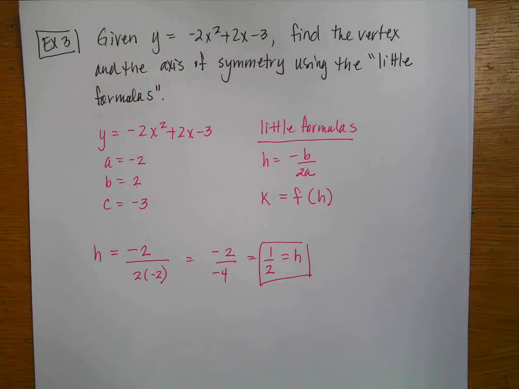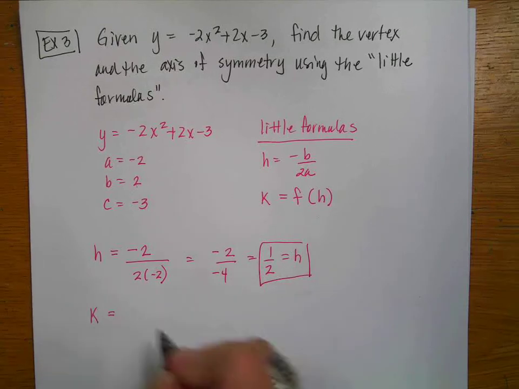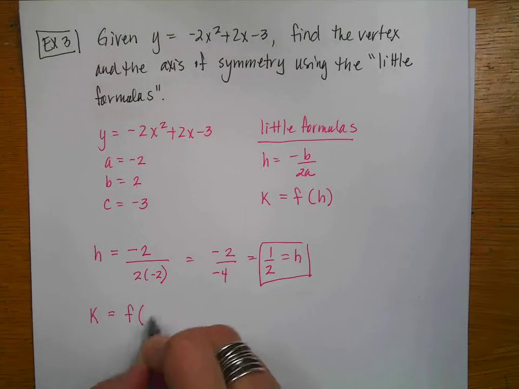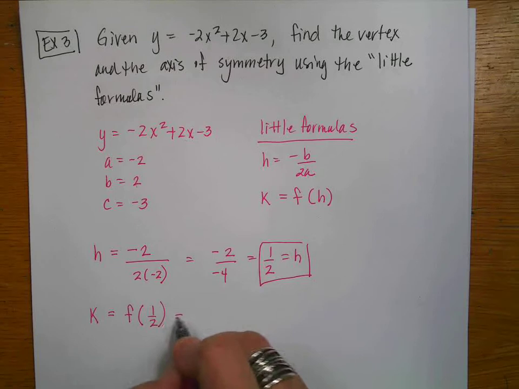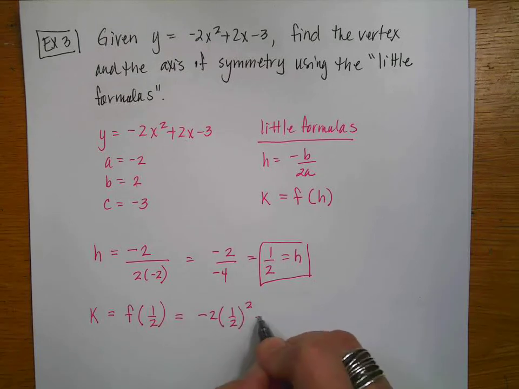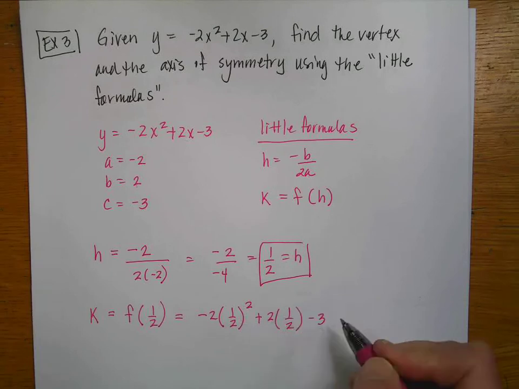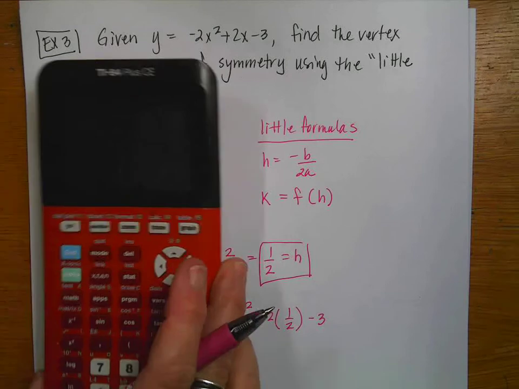I'm going to write that it equals h, and I'm going to put a box around it so I don't lose it. Now I need to find k, and remember that is the function evaluated at 1/2, so that means it's going to be negative 2 times 1/2 squared plus 2 times 1/2, and then minus 3.